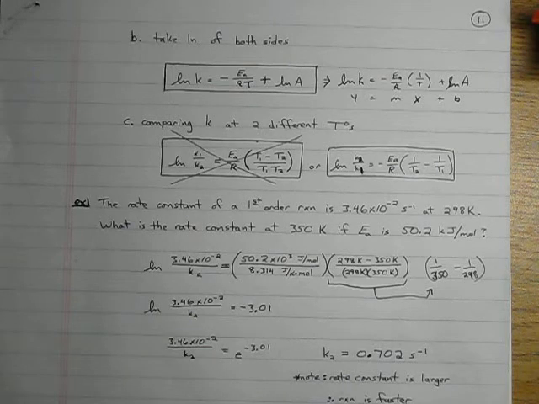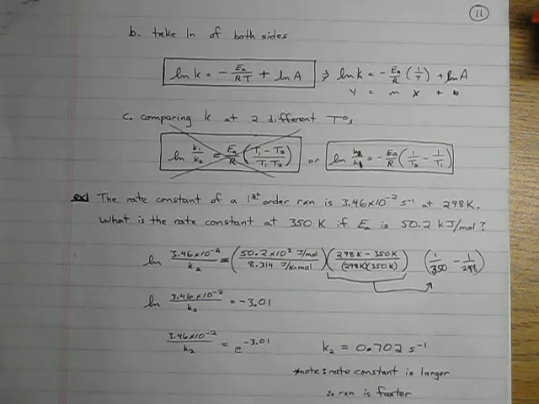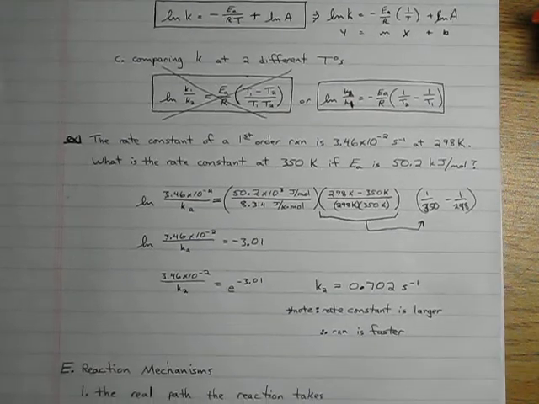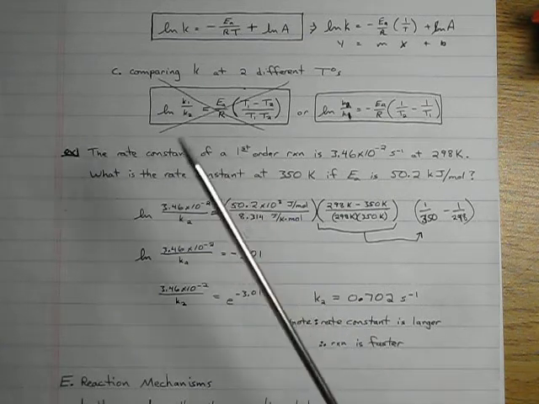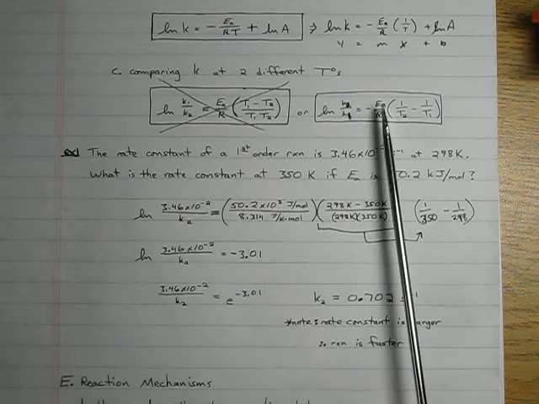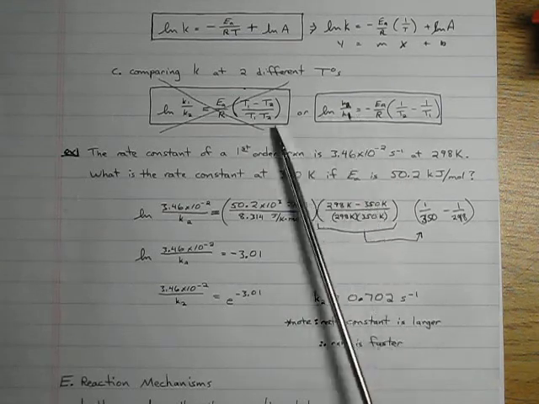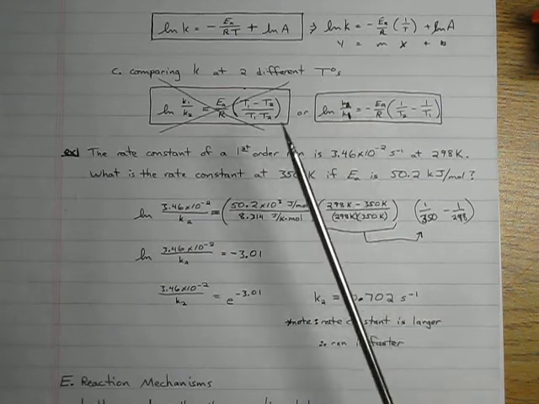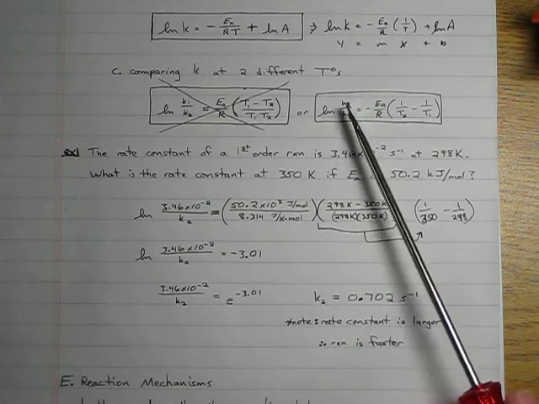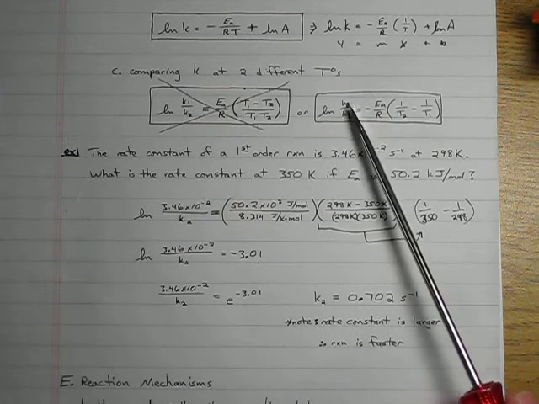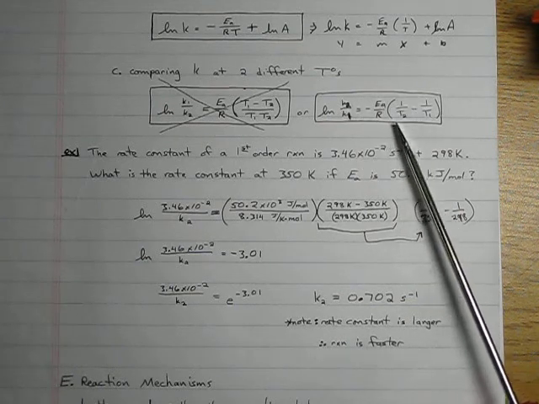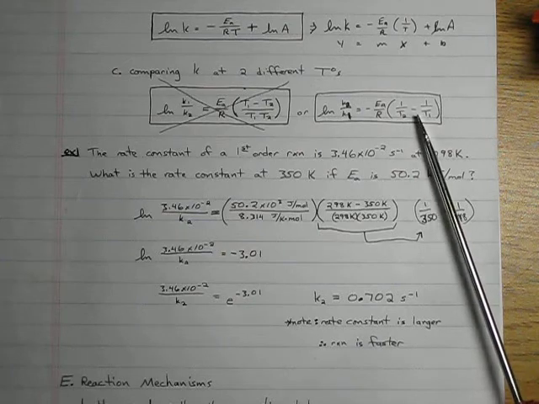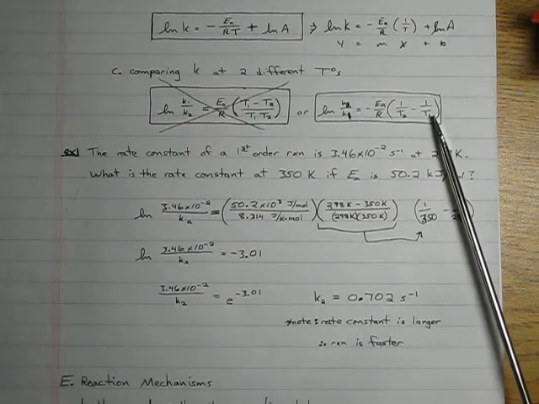What you can also do is compare the rate constant at two different temperatures. And we can look at an equation that will handle that. There are two ways to do it. Your book does it this way. You get the same answer no matter which way you do it. So your book has ln of the rate constant at temperature 2 divided by the rate constant at temperature 1 equals negative Ea over R times 1 over T2 minus 1 over T1.